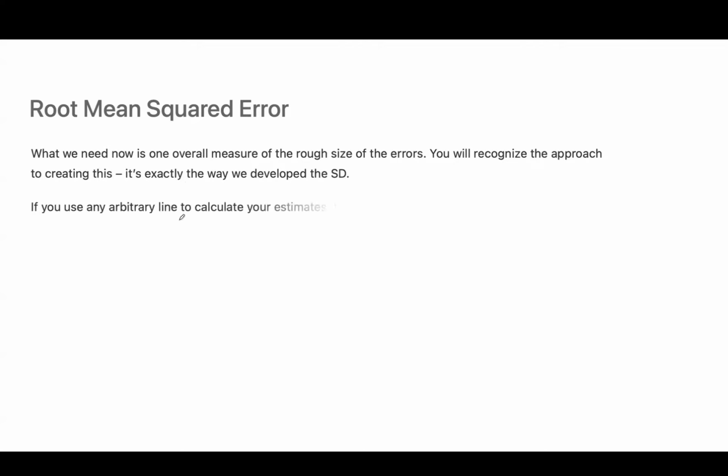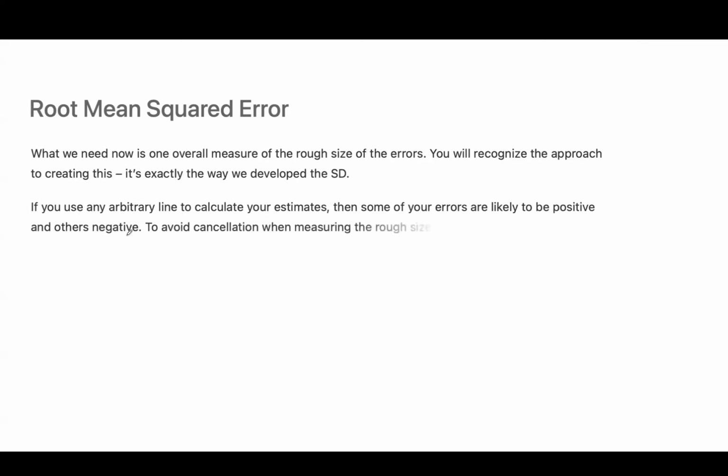If you use any arbitrary line to calculate your estimates, then some of your errors are likely to be positive and some of them are probably negative. As you remember, to avoid cancellation when measuring the rough size of the errors, we'll take the mean of the squared errors rather than the mean of the errors themselves.